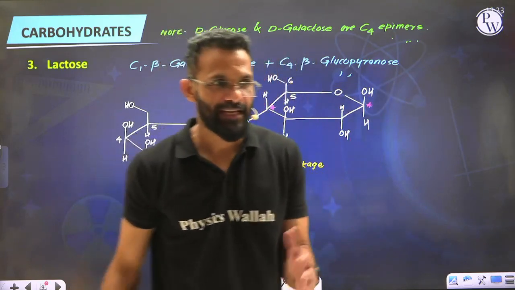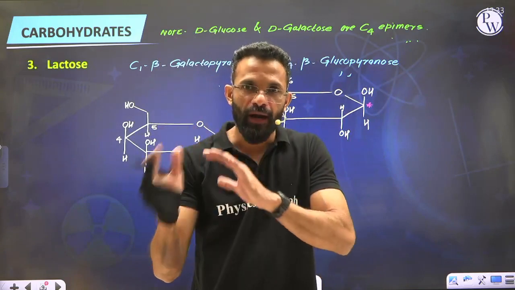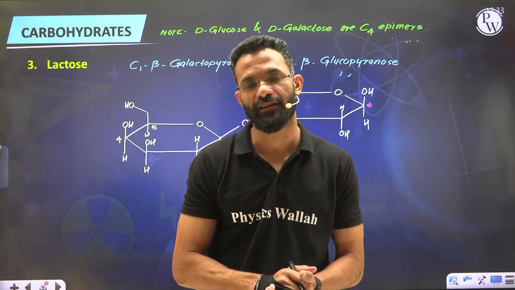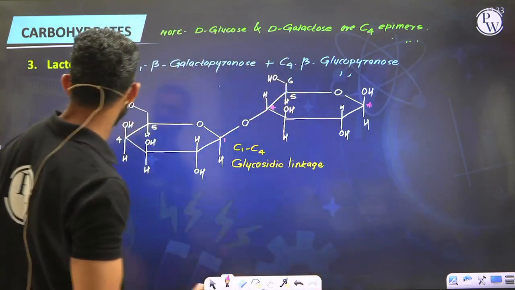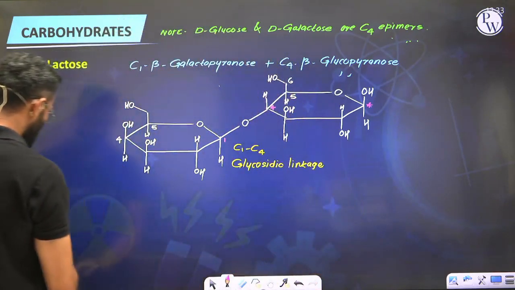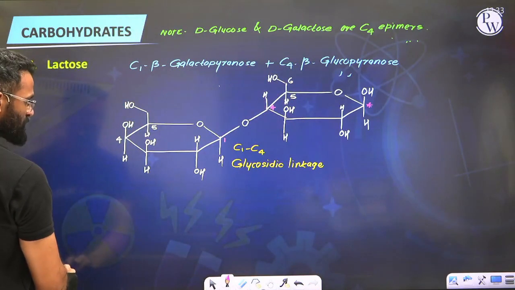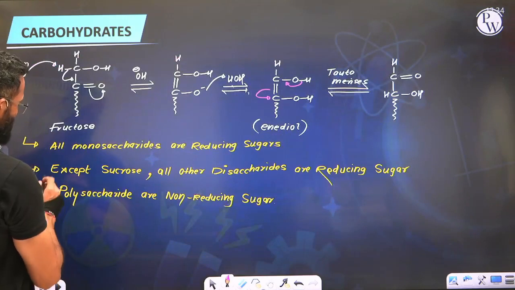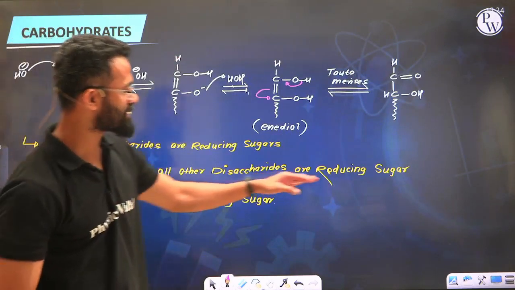So in case of a disaccharide, if any one of the parts has a hemiacetalic carbon, it is going to be a reducing sugar. And that's why maltose, lactose and cellobiose are reducing sugars. So guys, that's why we have mentioned that except sucrose, all other disaccharides are reducing.